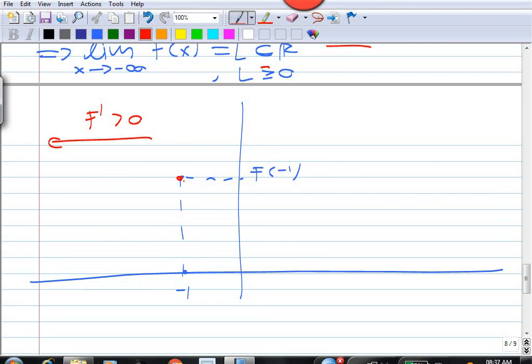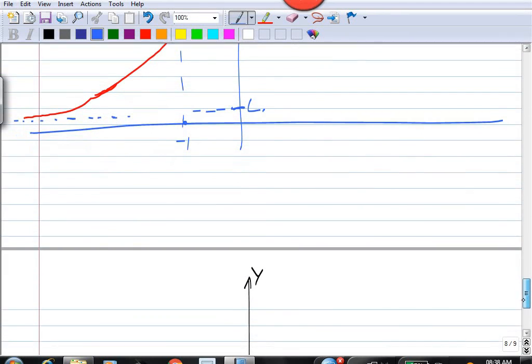So that means, as we move in the negative direction, the function values become smaller. So the graph goes downwards. But f is positive, right? So the values of f cannot go downwards indefinitely. It's bounded from below. So that means there has to be some lower bound here, some asymptote, some L, right? So intuitively this makes sense, and it can be proven, but the proof just relies on a bit of mathematics we haven't done yet.